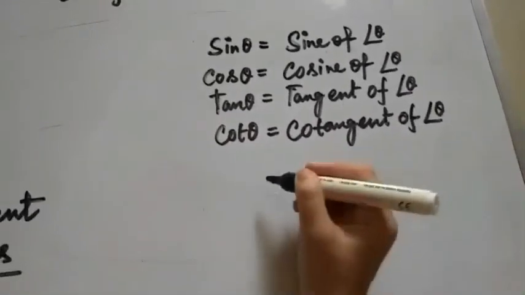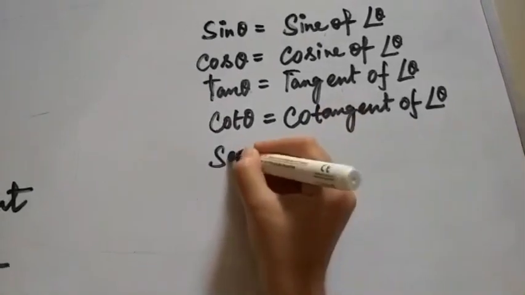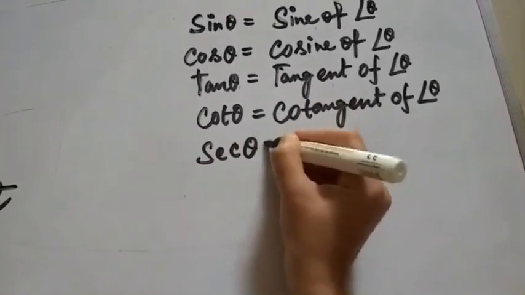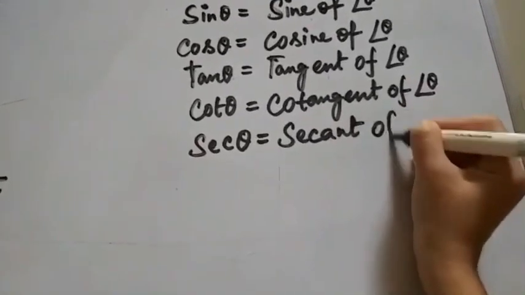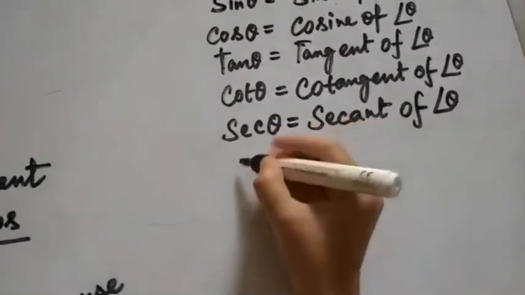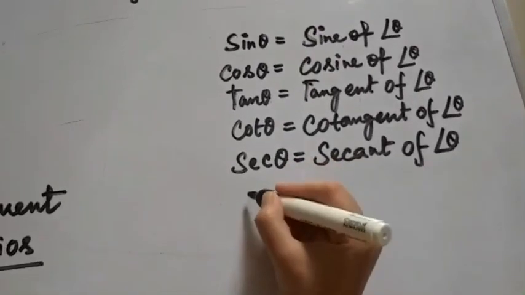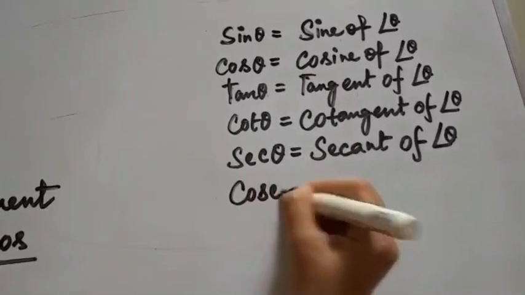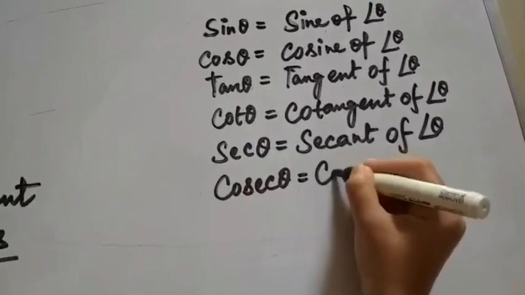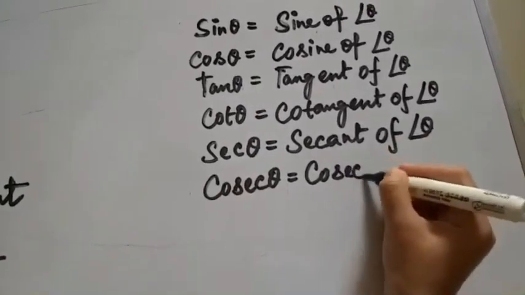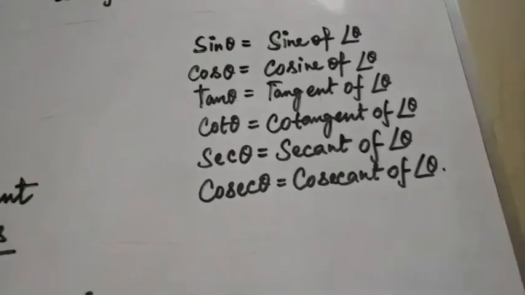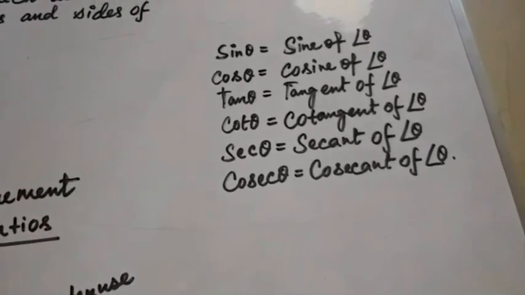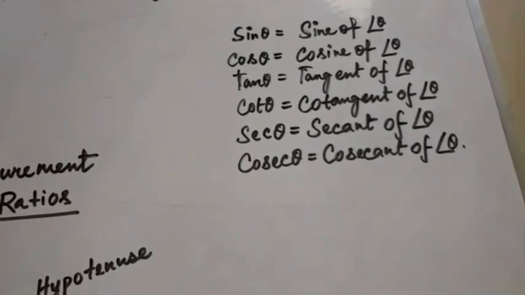Okay, next, sec theta, that means secant of angle theta. And the last one, that is cosec theta, that means cosecant of angle theta. Okay, so these are the 6 functions, that means 6 trigonometric ratios.